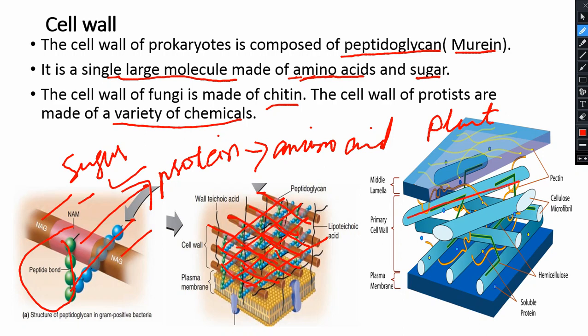These are the cellulose fibers, present in a crisscross form. These are the primary cell wall, and this is the plasma membrane. So this is the whole structure of the cell wall, and the main function of the cell wall is that it provides protection.